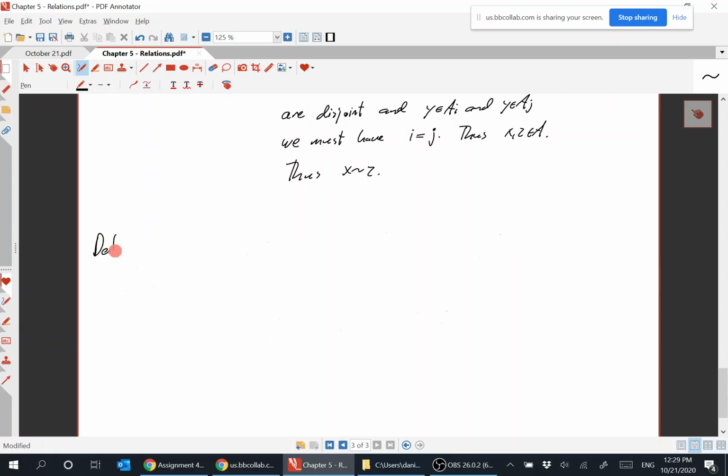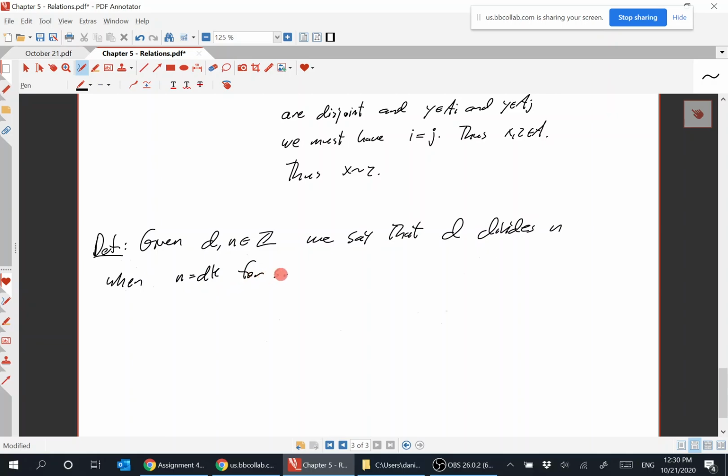so first the definition. We say that, given integers d and n, d divides n when n is equal to d times k for some k.